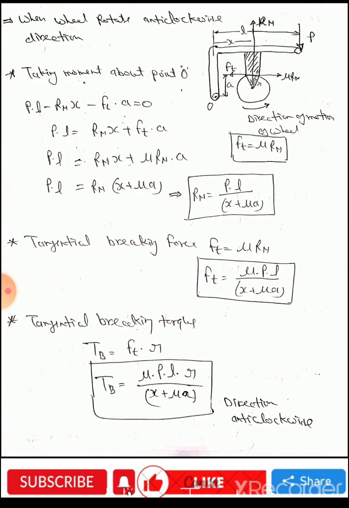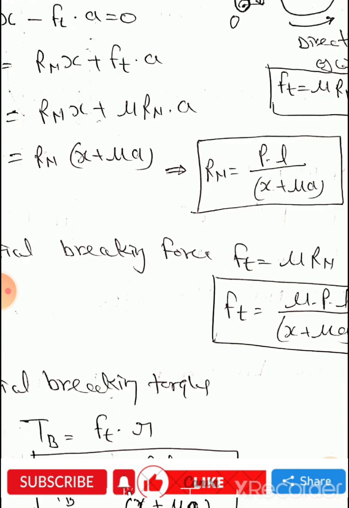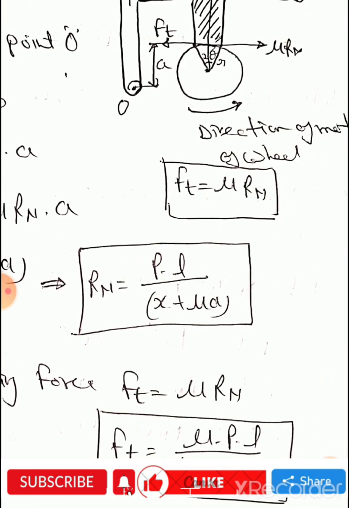This is single block brake. This is the wheel and this is the rotation of the wheel. When we apply an external load P, the normal reaction is in the upward direction and the load is applied in the downward direction. So the bending effect acts on the rotation of the wheel in single block brake.